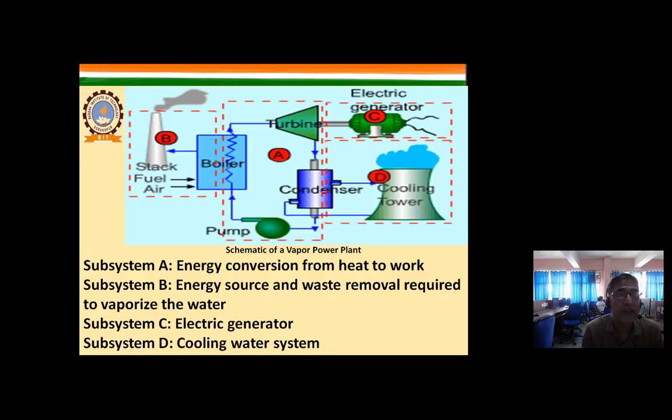Number one is subsystem A. This is used for energy conversion from heat to work. Subsystem B is used for energy source and waste removal required to vaporize the water. In subsystem C, there is an electric generator used for the generation of electricity, and subsystem D is the cooling water system.